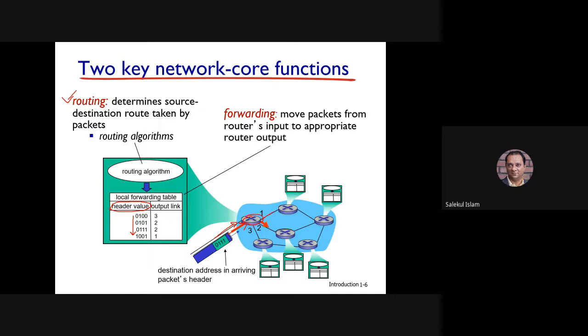When you are at the intersection, you have to tell the policeman whether you want to go to Gulshan, or Uttara, or Lalbagh. So you have to tell him the place, that means the destination you want to go. And depending on your destination, the policeman will give you the direction.